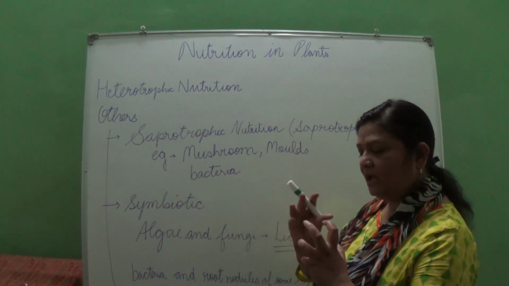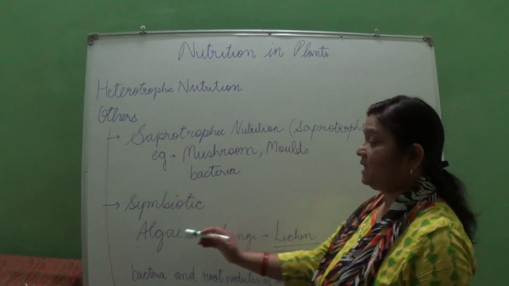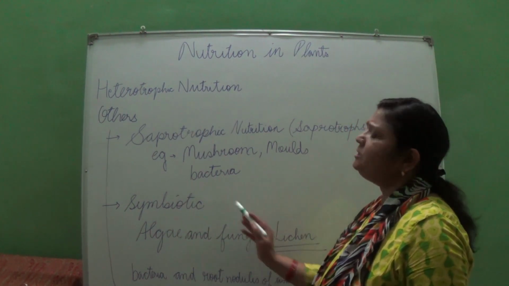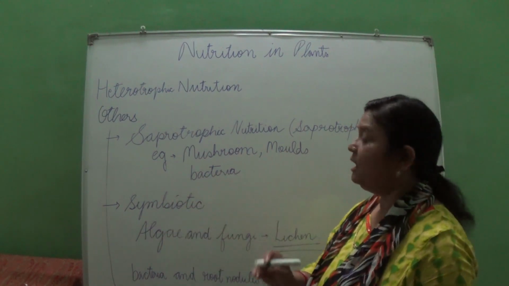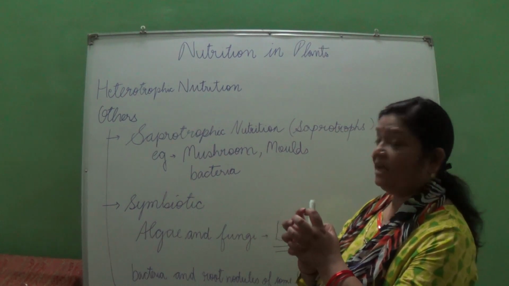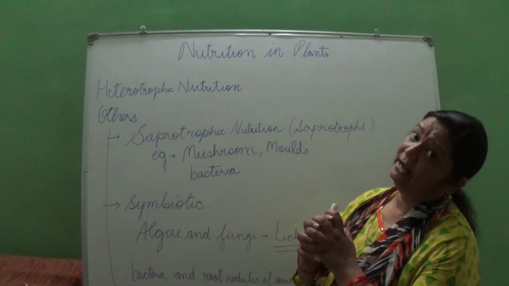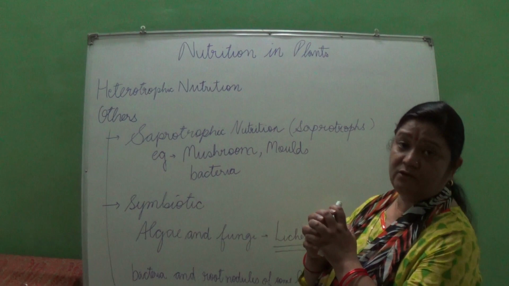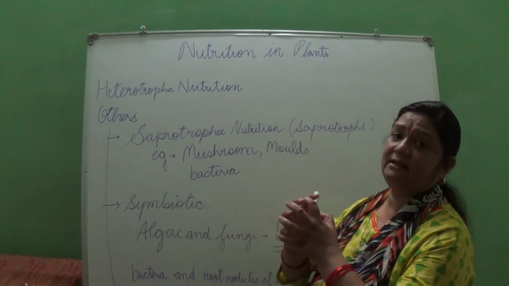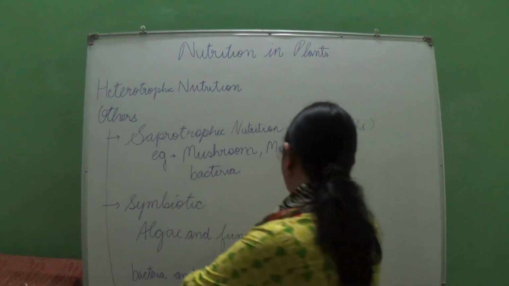So how are they related to each other? This algae provides food to fungi, and this fungi in turn provides shelter to the algae, and as a result a mutual relationship exists between the algae and fungi in getting nutrition. One is getting the nutrition and another is providing shelter to it, and this symbiotic relationship is known as what?